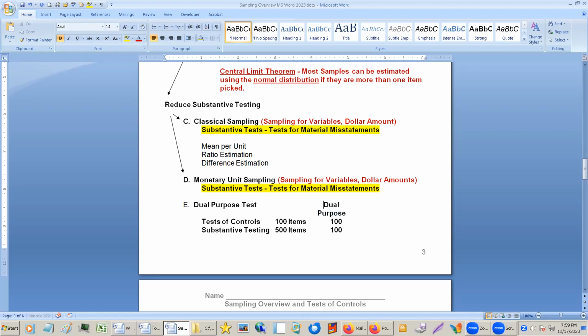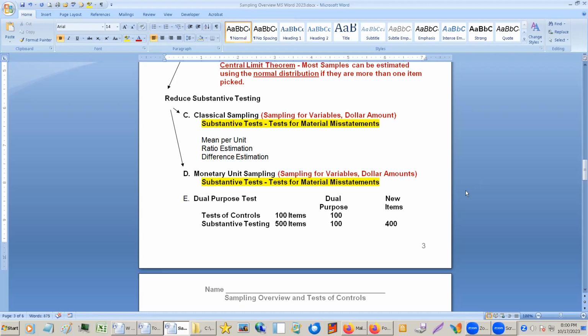These aren't really lined up very well, but you get the idea. So dual purpose, we'd have 100 items from the test of controls we'd also use for the substantive testing, and then for the new items, we would simply need to pick 400 more.